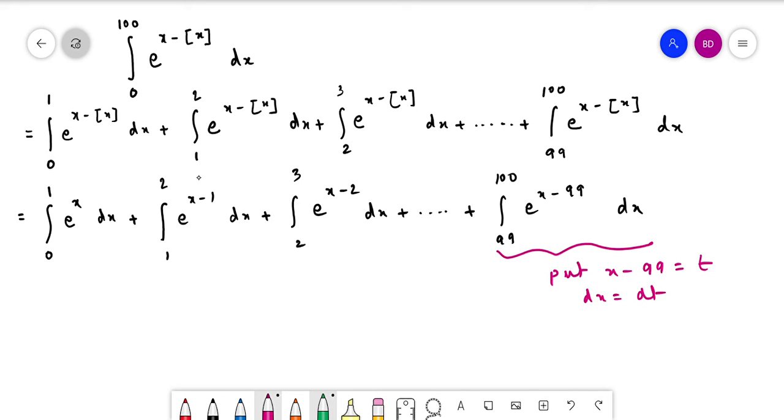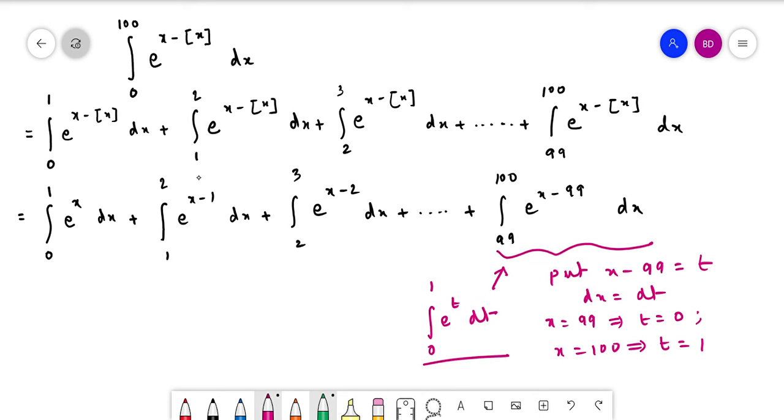Also let's check the limits. When x is 99, t is 0, and when x is 100, t is 1. So this portion becomes the integration from 0 to 1 of e to the power t dt. So this is easy to understand.